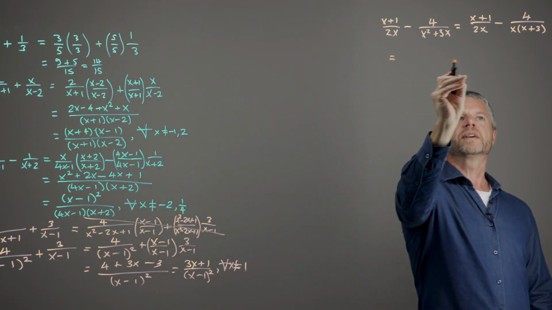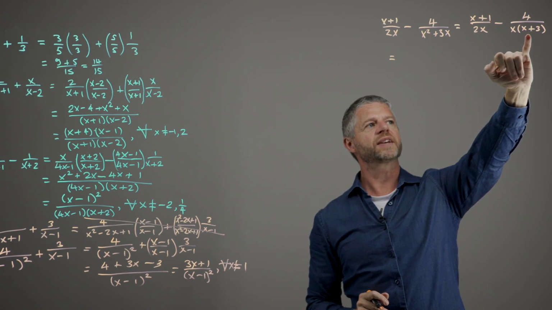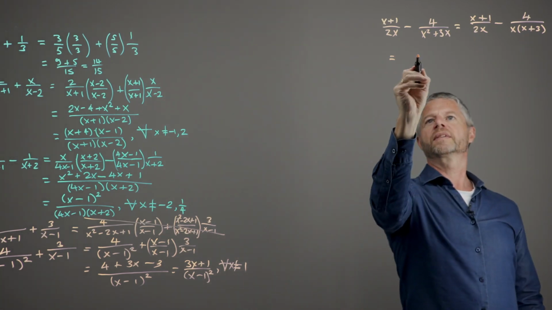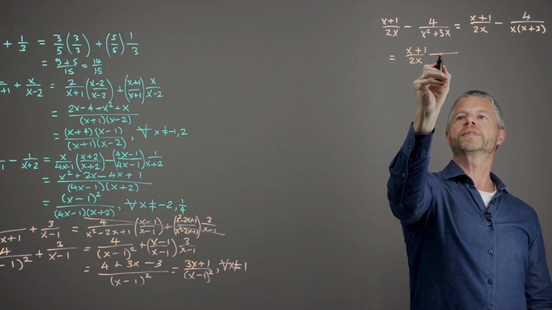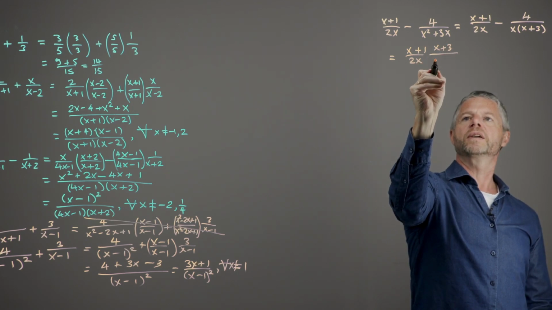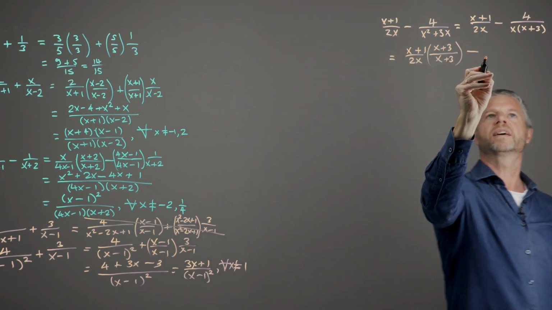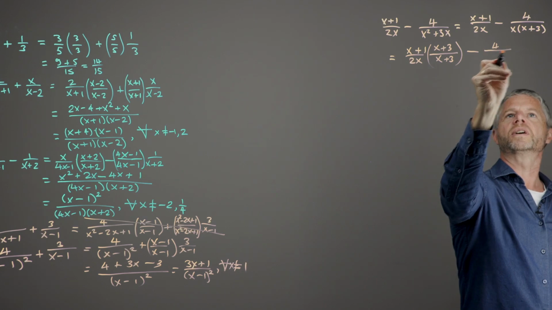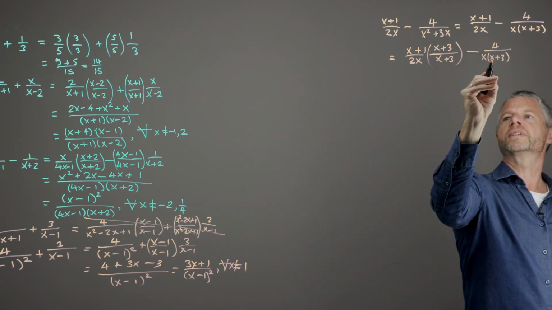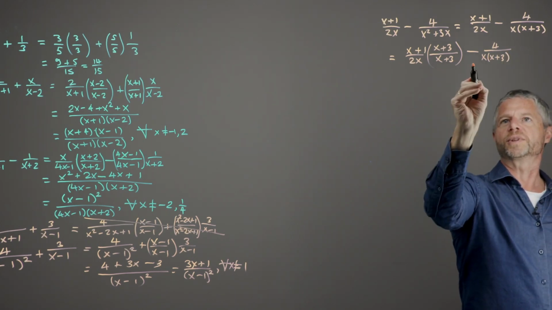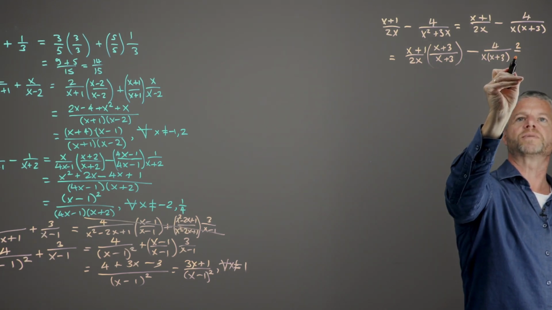So now the common denominator for these two will be 2x, x plus 3. So x plus 1 over 2x times x plus 3 over x plus 3. And we're subtracting 4 over x, x plus 3 times, so the common factor is going to be 2x, x plus 3, so I have to multiply by 2 over 2.